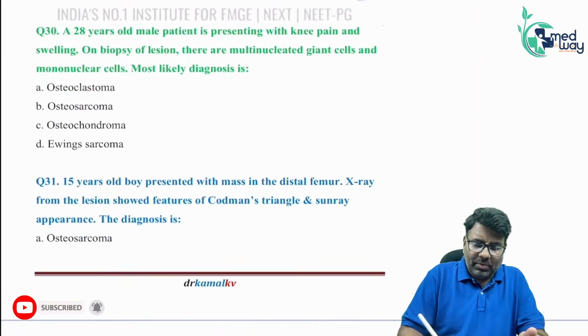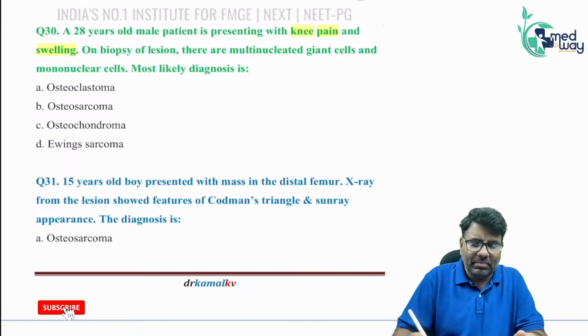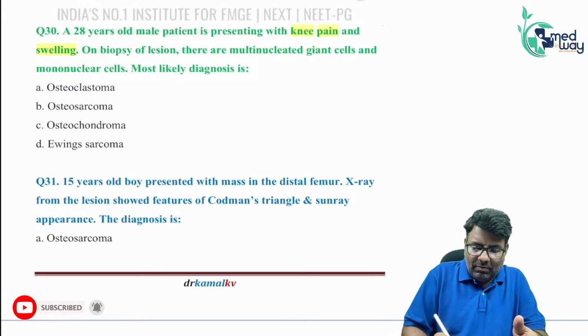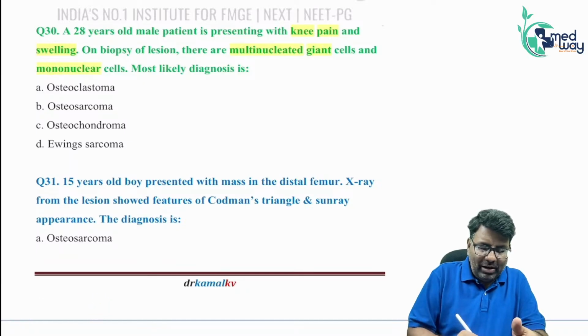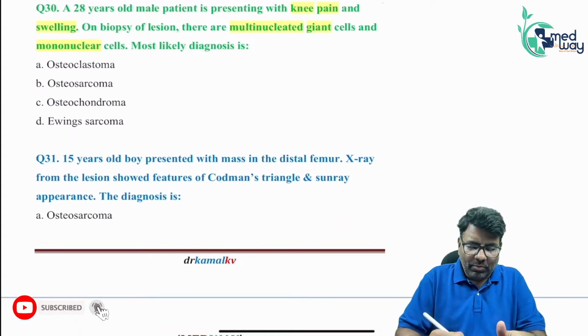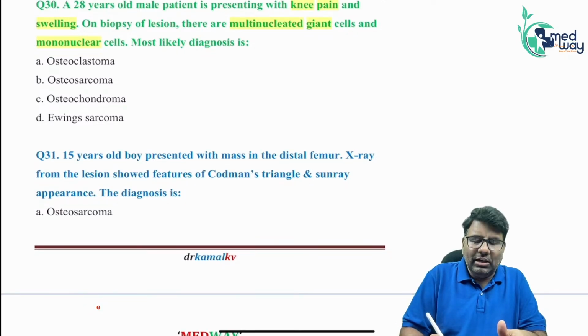The next question, a patient presented with knee pain and swelling. And when the biopsy was done, we saw multinucleated giant cells and mononuclear cells. Now, most likely diagnosis? Now, here, what you can understand, like multinucleated.